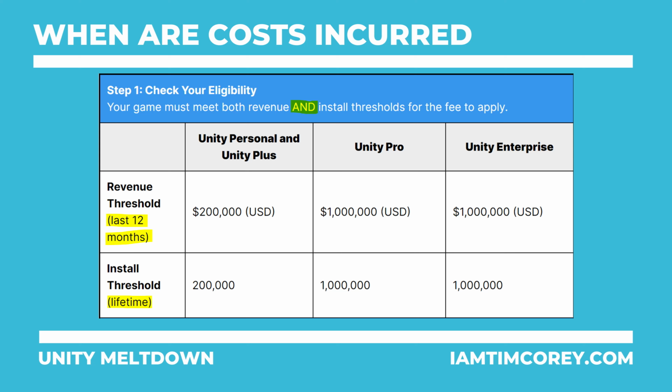But note, there's a couple things to note here. First of all, I've highlighted it, lifetime. So once your game has been installed 200,000 times, it doesn't matter if that was 3 years ago, it still qualifies or it still meets the install threshold. So then the only thing that it still has to meet is the revenue for the past 12 months.